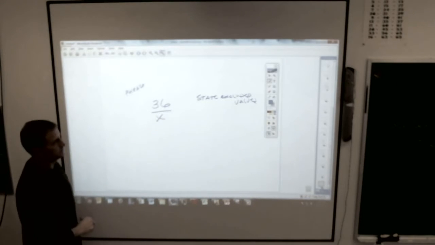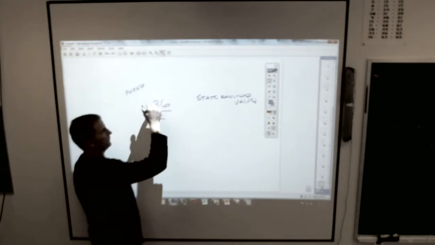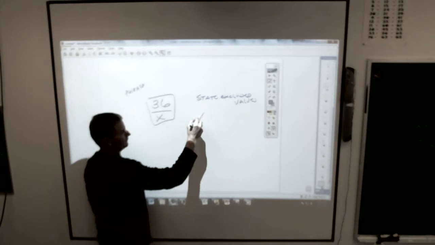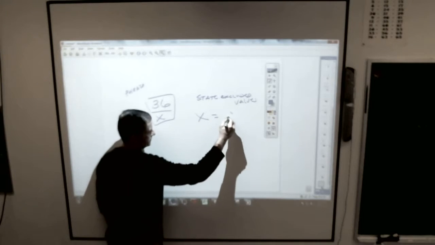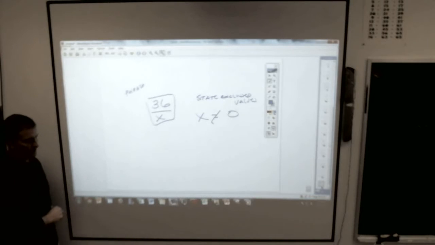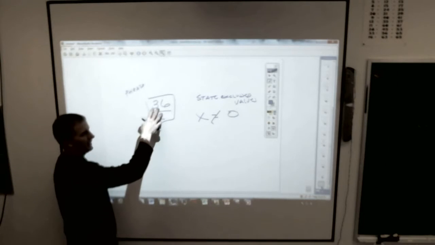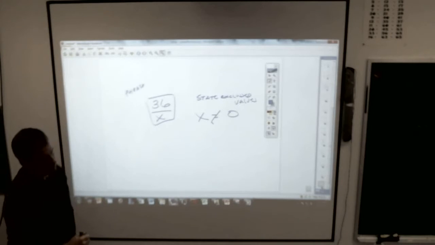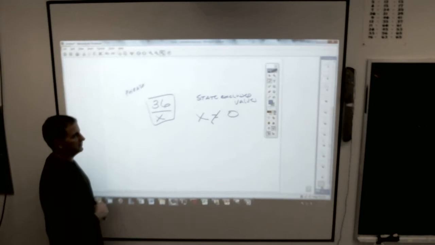Which means this: when you see a phrase like this, you have to tell people that x can never, ever, ever be 0 here. Because if you put a 0 on the bottom, it doesn't work. You're dividing by 0, which is one of the top 10 commandments of math, that you can't divide by 0.